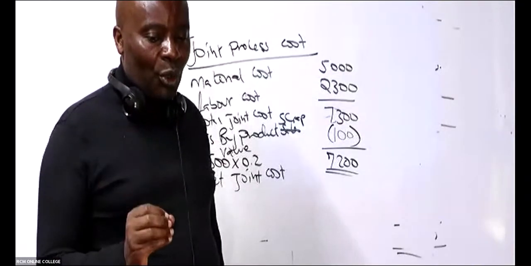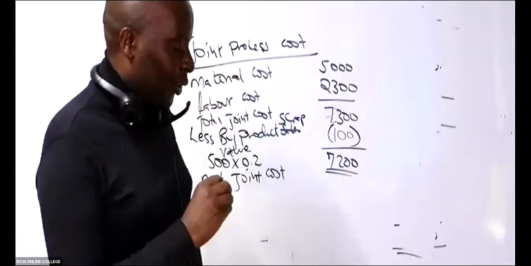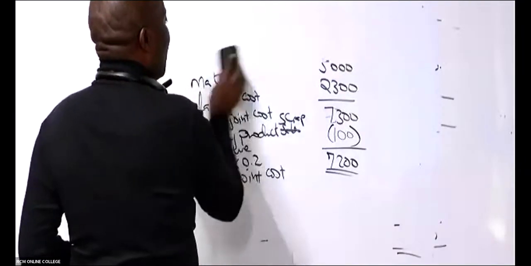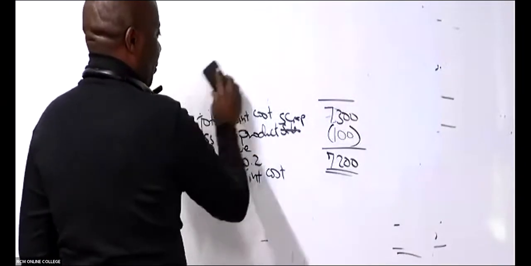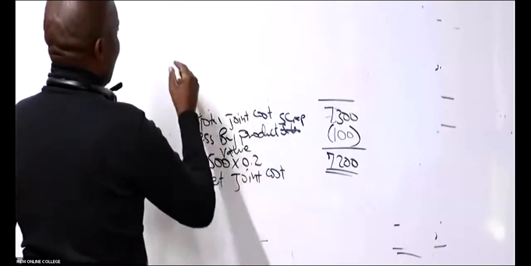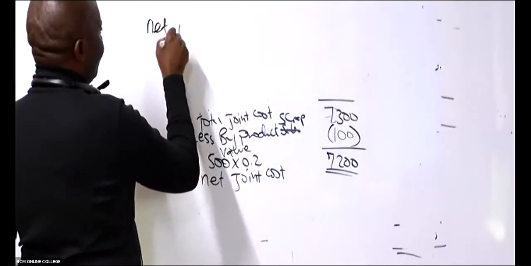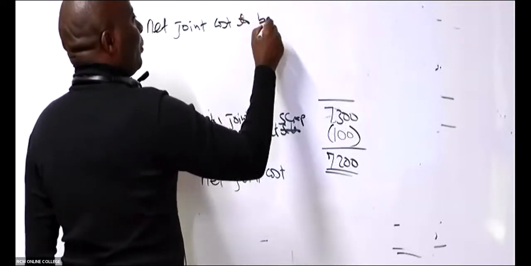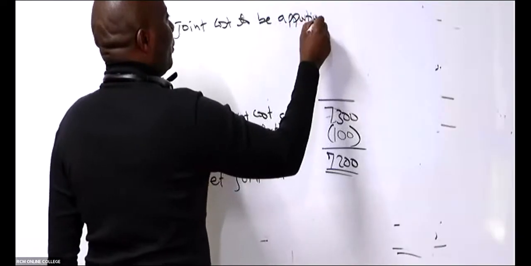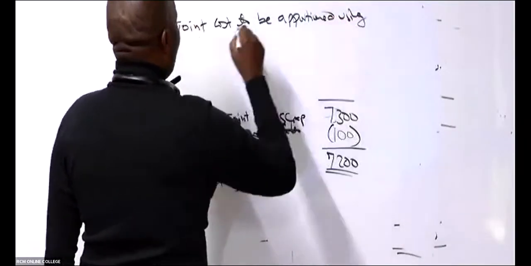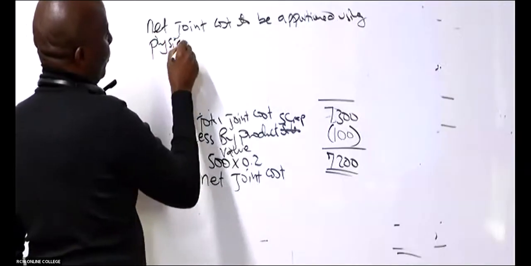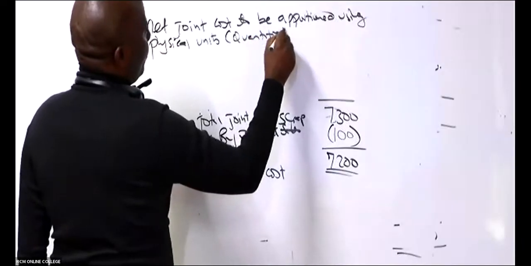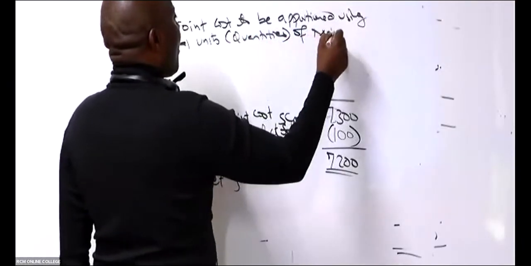So the net joint cost is apportioned using the number of units produced, of main products.